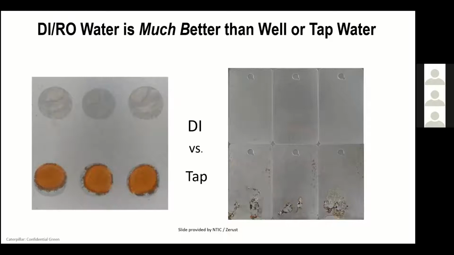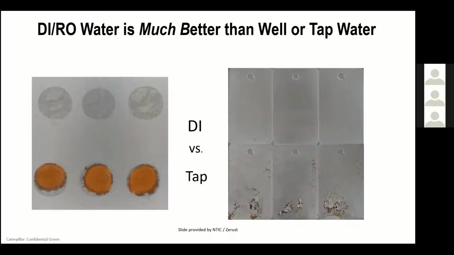In DI and RO waters, many of those are removed. A lot of times we'll use reverse osmosis water for manufacturing, and then maybe polish it and send it through the deionized tanks to get better quality water that they use in the medical industry.